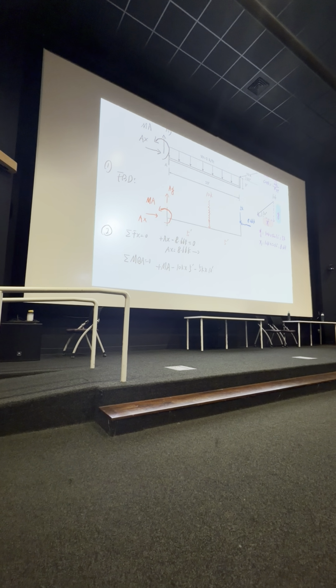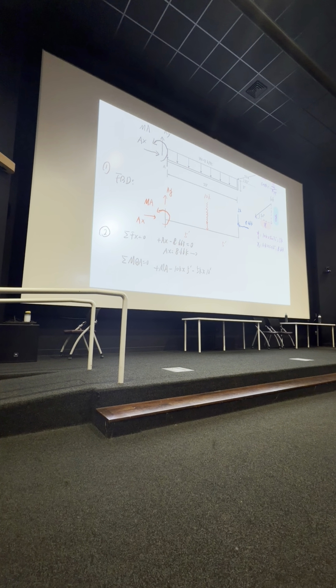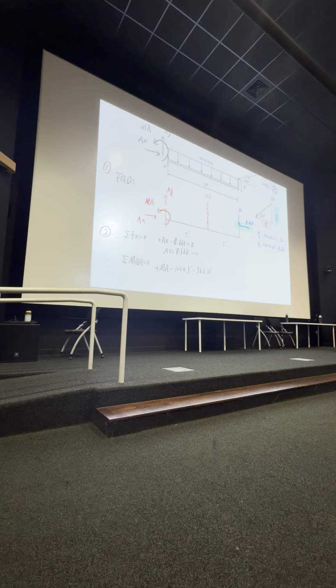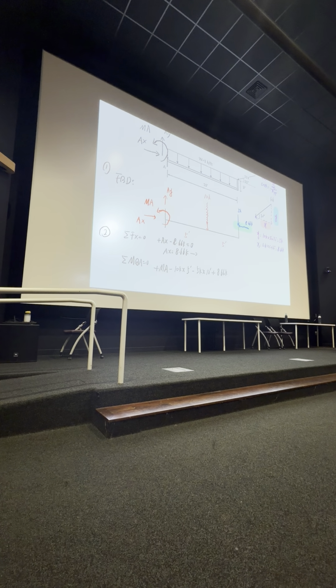And finally, we have this 8.66K. This will also contribute moment at point A. This 8.66K will rotate around point A in which direction? Counterclockwise, right? So it's positive 8.66K multiplied by the distance. What is the distance in this case?